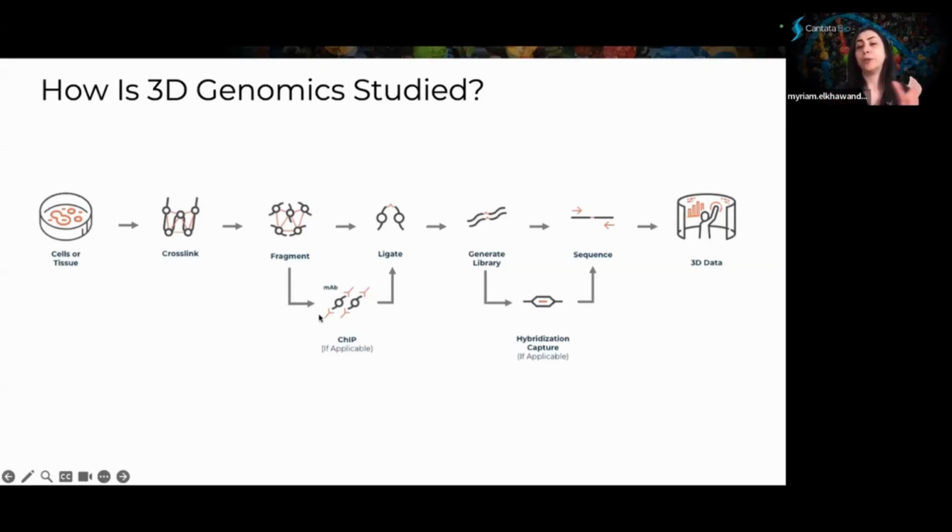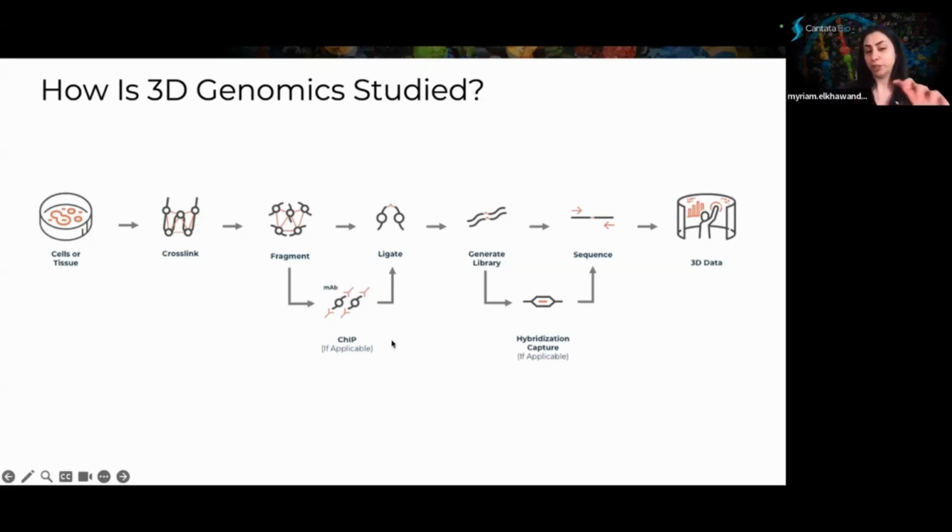The first flavor is when you're targeting interactions that are anchored with your protein of interest. Here, you don't really care about all the interactions happening in the genome. What you care about is the interactions happening with your protein binding sites.